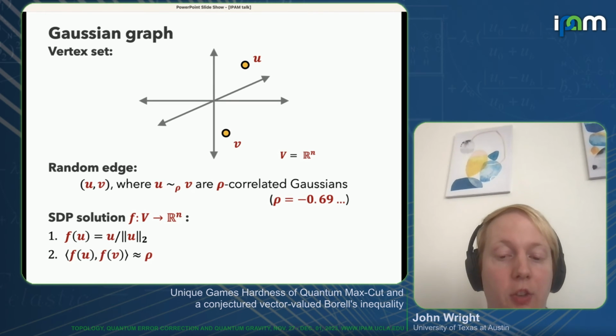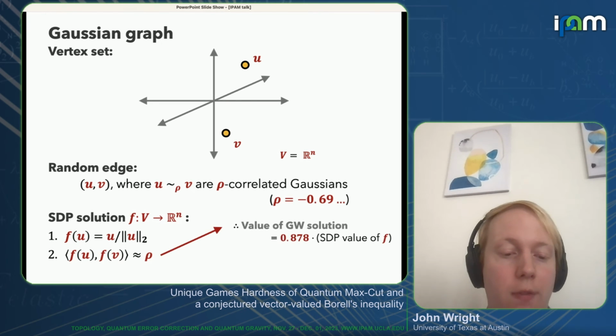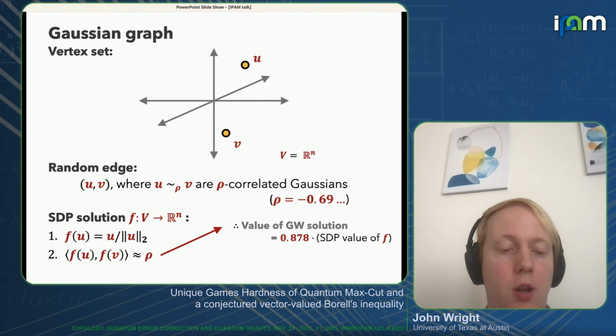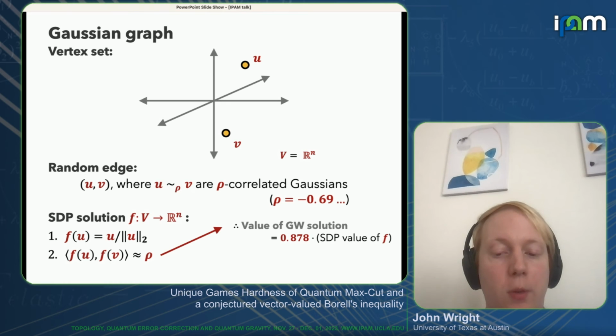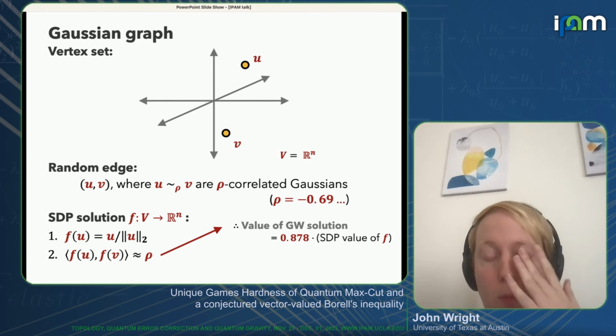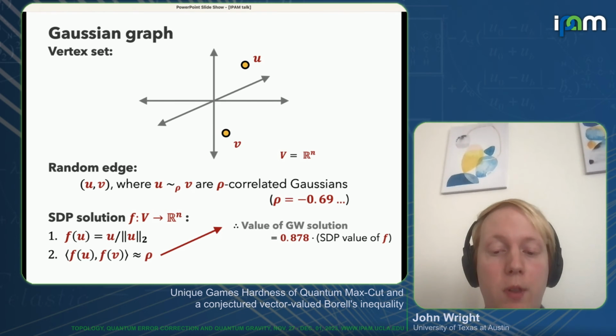And this tells us, because in this graph all of the vectors in the SDP solution are at this bad angle, that the value of the Goemans-Williamson solution is always going to be equal to 0.878 times the SDP value of f. Okay, so whenever we round using Goemans-Williamson, we will indeed lose a factor of 0.878.